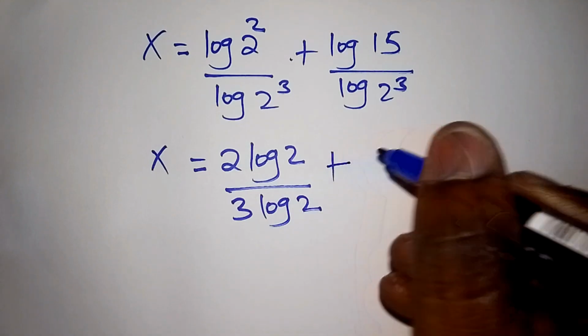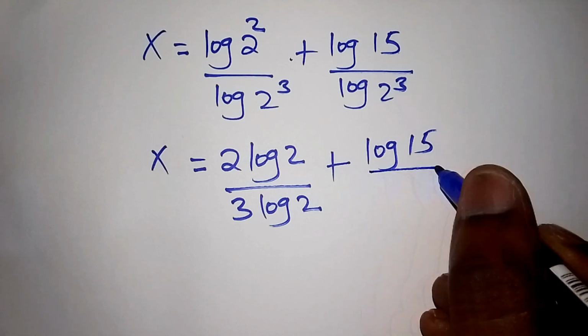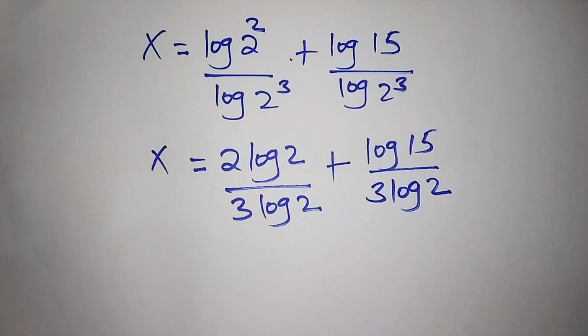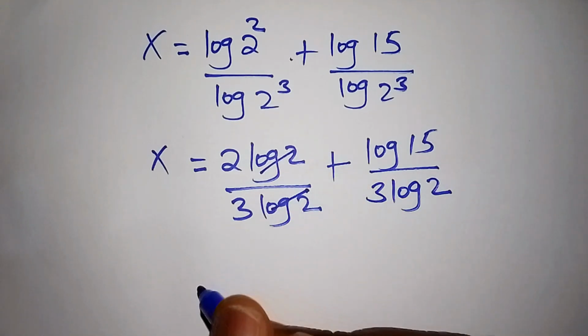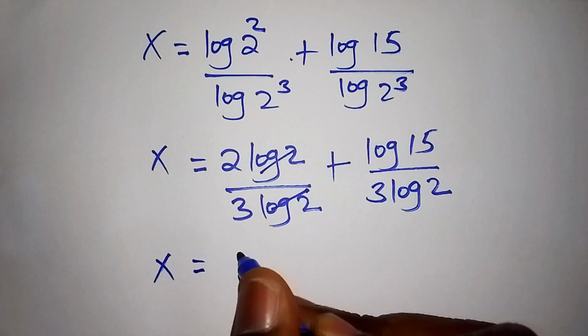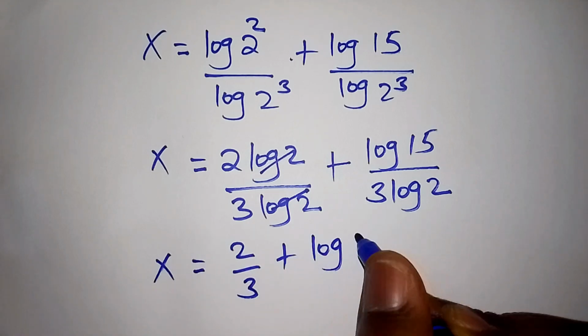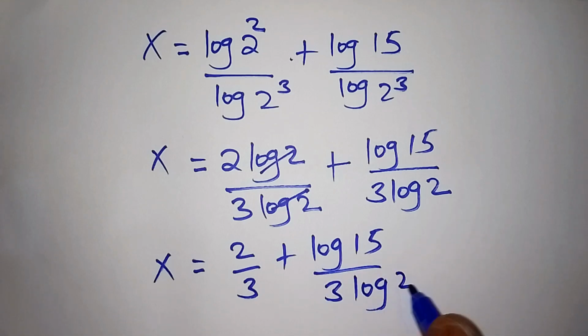Then plus the log of 15 all over 3 log 2. So from there, log 2 and log 2 cancel, so that our value for x is equal to 2 over 3 plus the log of 15 all over 3 log 2.